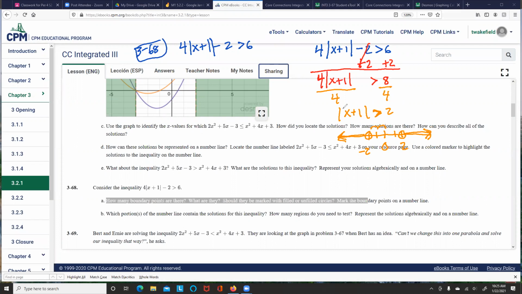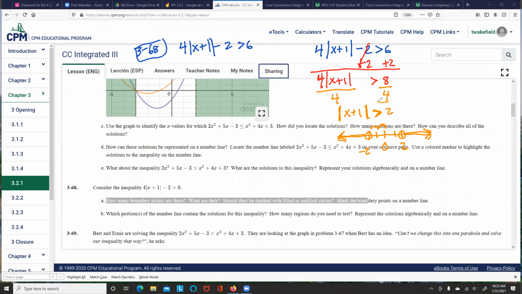Remember, absolute value means the distance from 0. The numbers that are more than 2 away from 0 are past -2 and past 2. But that's not our solution. That's just helping me understand what this means.